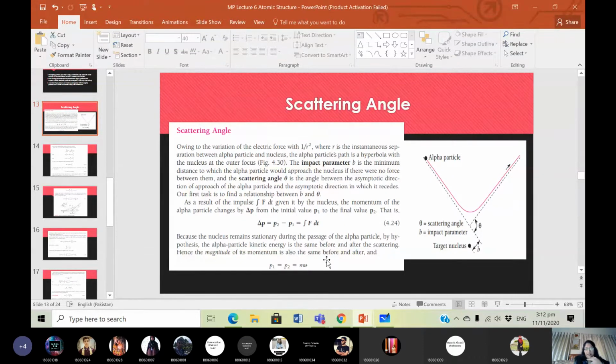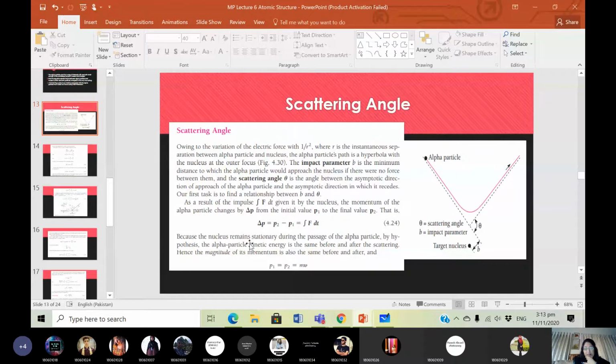We assume that the nucleus is stationary throughout, so the alpha particle's kinetic energy will remain the same before and after the scattering.